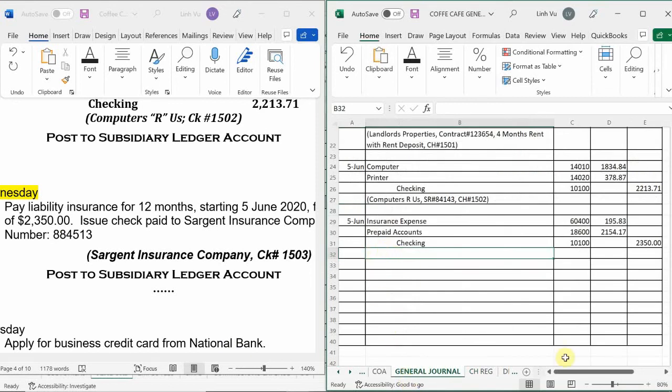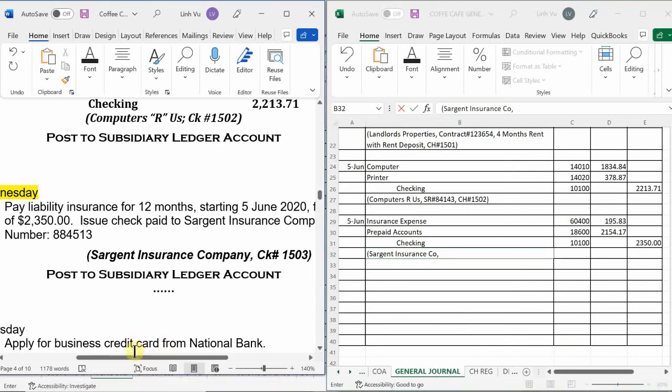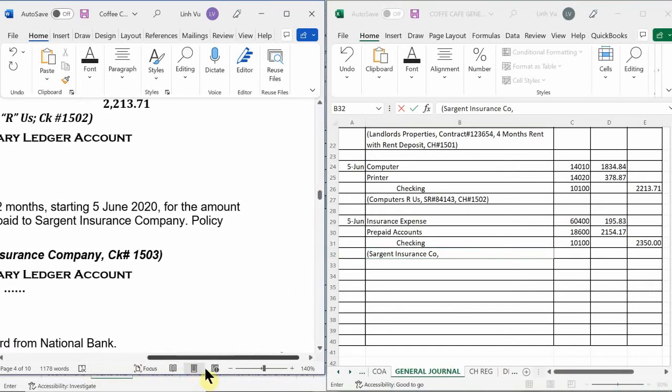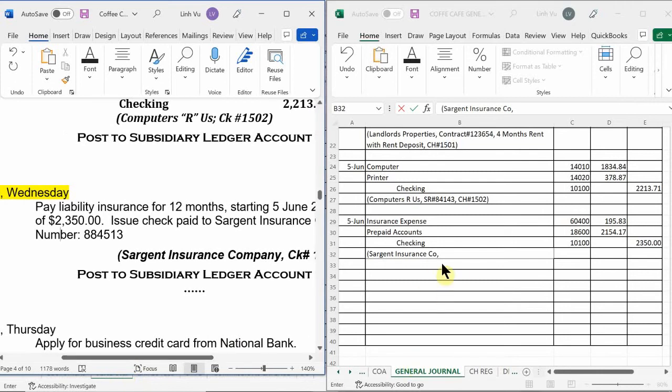Okay. So we wrote a check to Sargent Insurance Company. What was my proof of a transaction? It would be your check number. Okay, good. The policy number. And the policy number, okay?